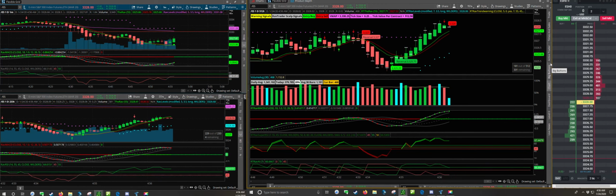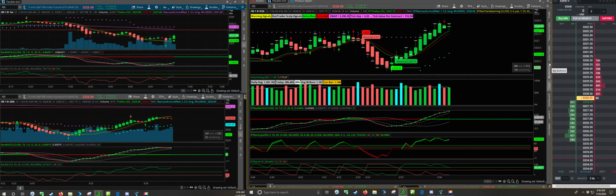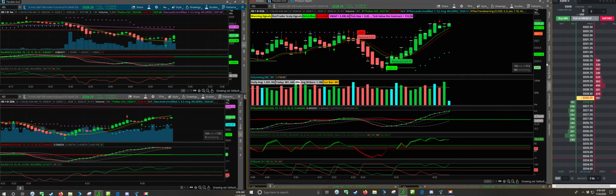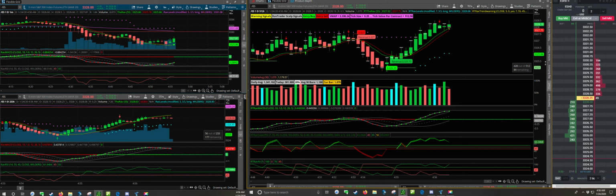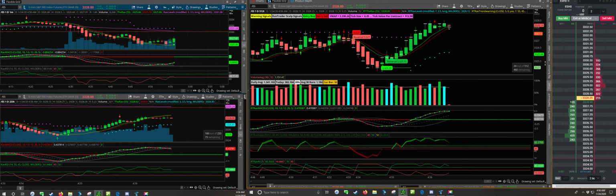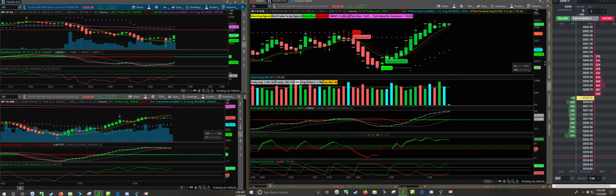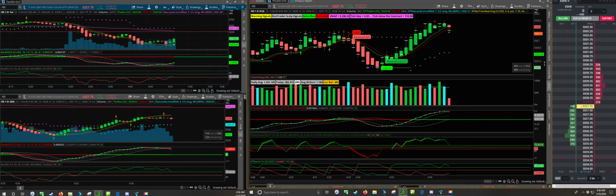Let's take that one lousy tick. RSI went flat. One tick on that.